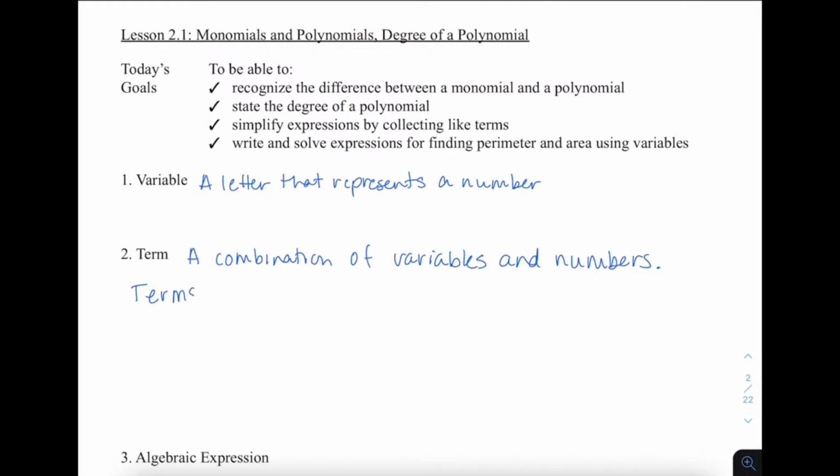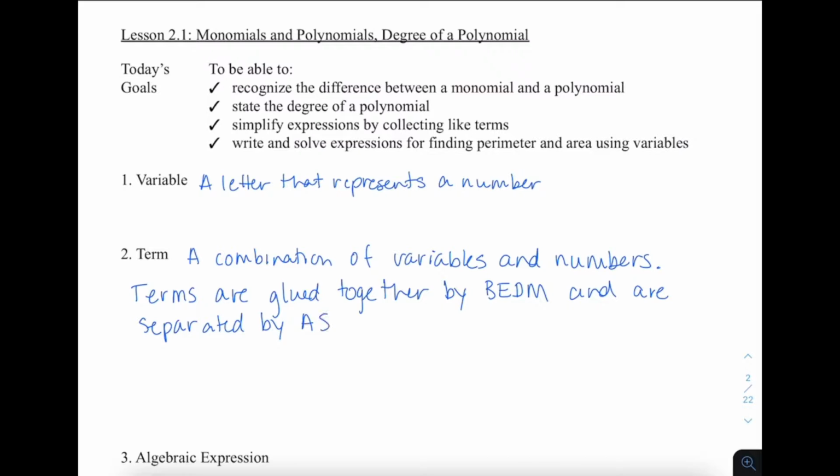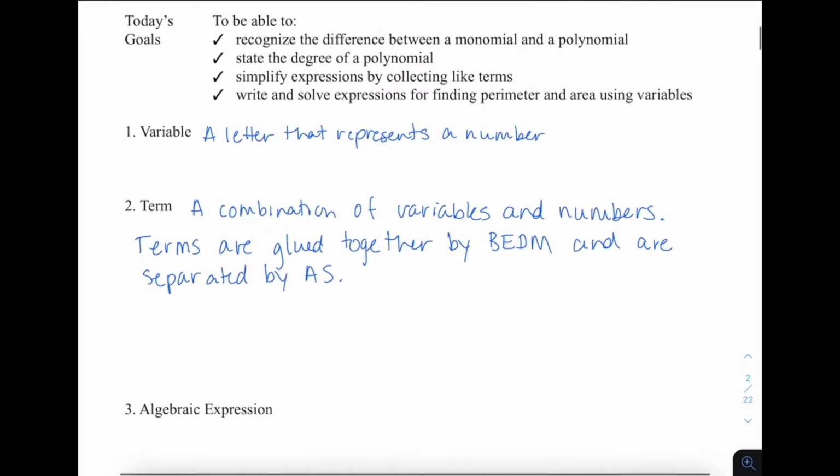Terms are glued together by some specific operations, specifically brackets, exponents, division, and multiplication, and are separated by addition and subtraction. We saw this in our order of operations lesson in Unit 0.